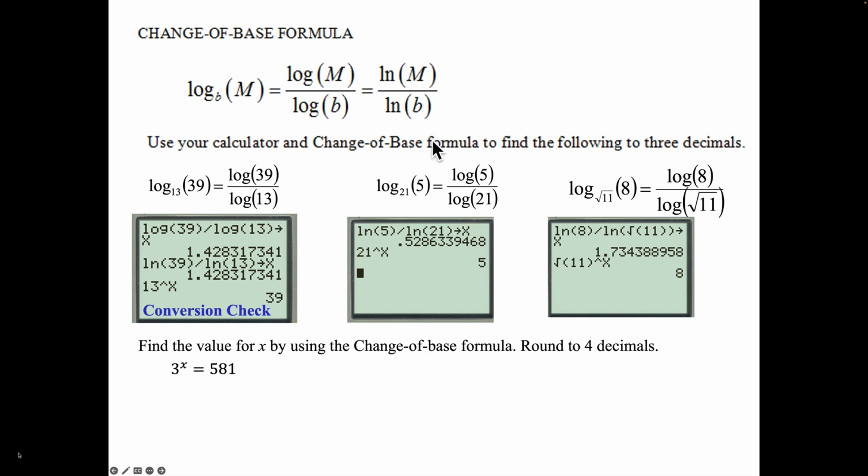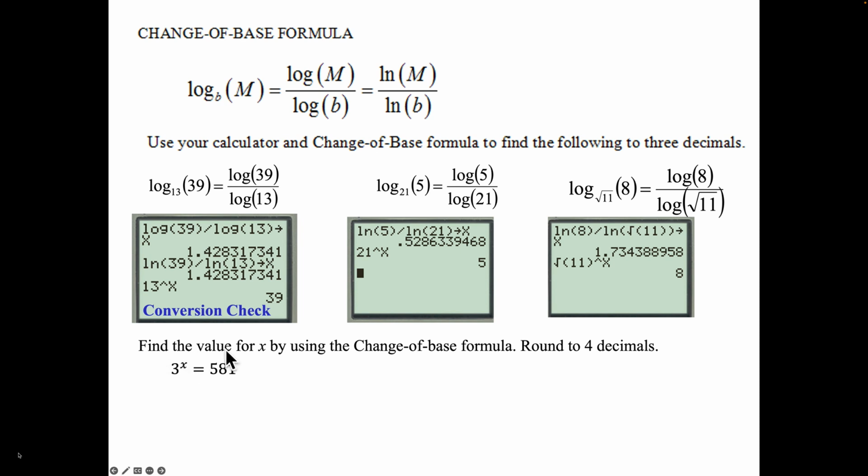All right, now in your calculator, we can also evaluate 3 to the x equals 581. 581 is not technically a base 3 number. So again, what we'll do is take this and convert it into a log by the conversion rule.